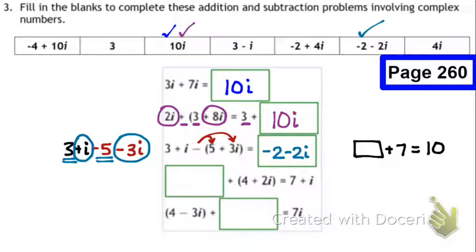I can subtract 4 from both sides. What would that give me? 3. What else can I do? Subtract the 2i here. What would that be? Negative i. Is that one of the choices from up above? Yes.